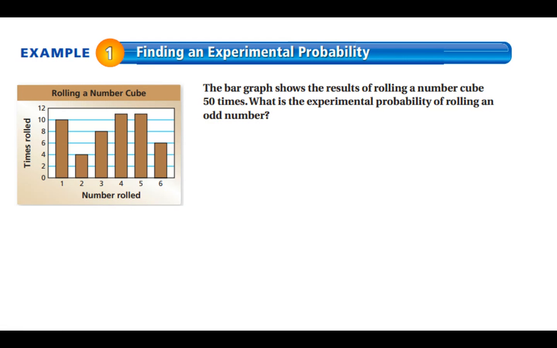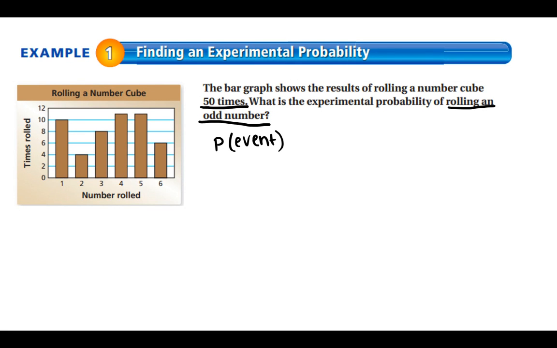Okay, so finding an experimental probability. The bar graph shows the results of rolling a number cube 50 times. What is the experimental probability of rolling an odd number? First let's write down the equation since it's experimental probability.